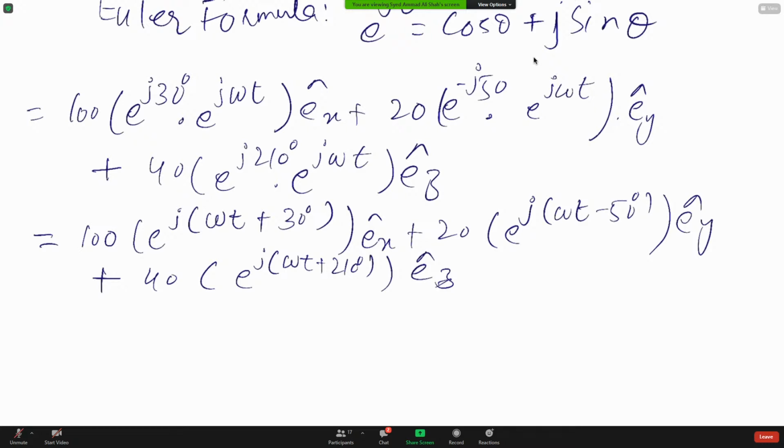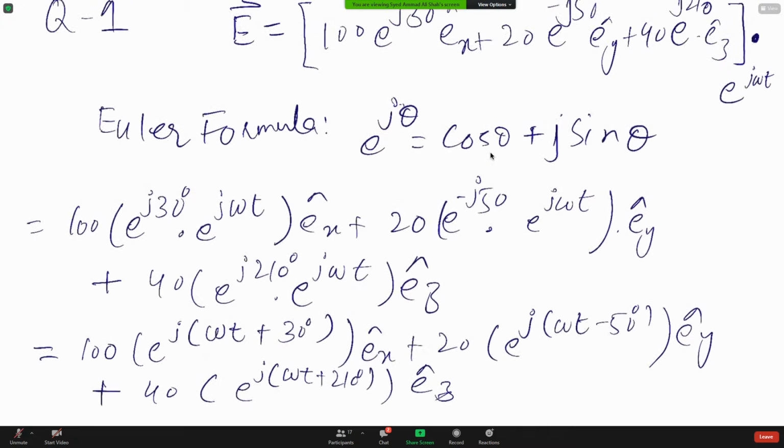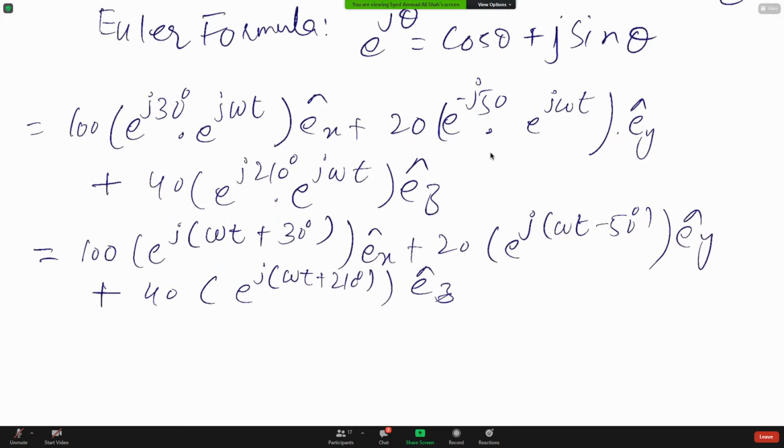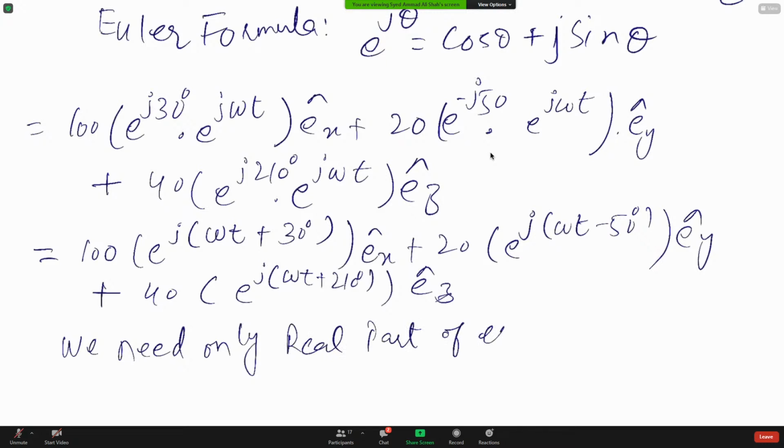Because I explained we only need the real part of the equation, so no j sine theta.